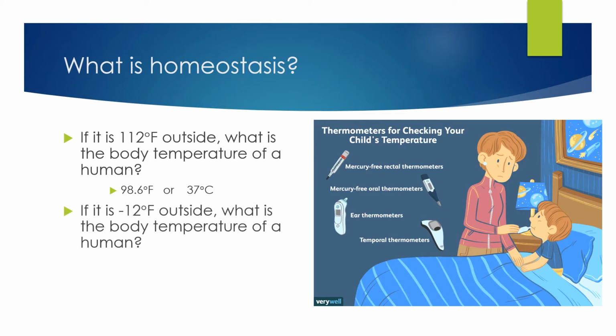Now, if it's negative 12 degrees Fahrenheit outside, what is the body temperature of a normal human out in that cold? Once again, you should have said 98.6 or 37 degrees. So why is the body always at the same temperature no matter what the outside environment is doing? Well, that all comes back to homeostasis.